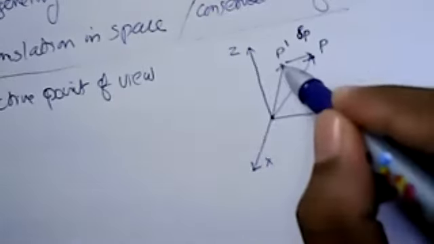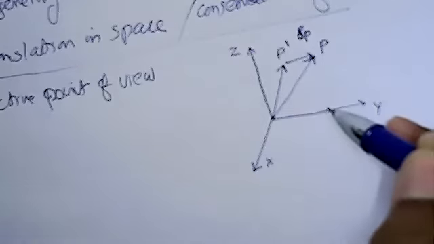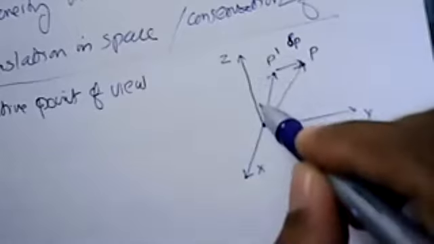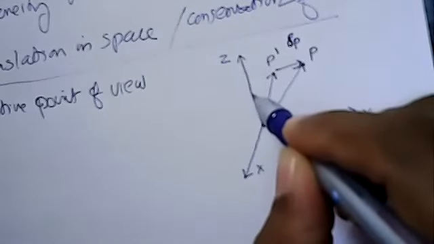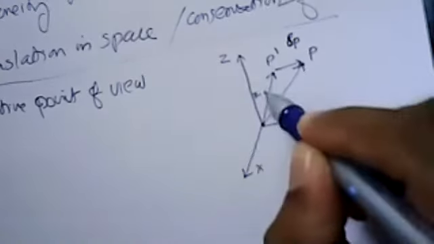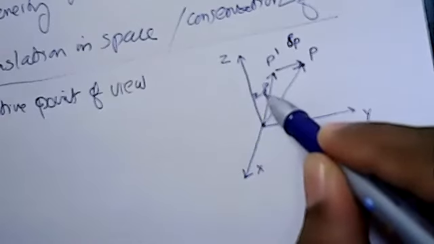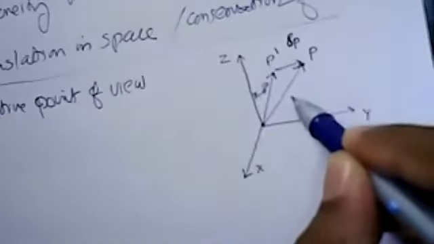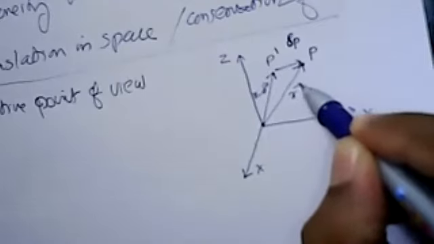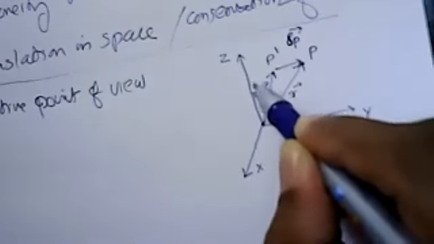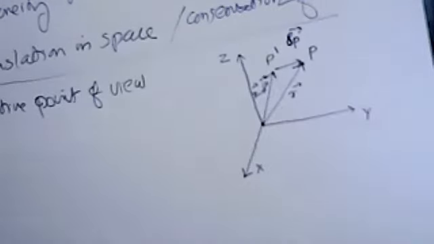So when you add this vector with this vector, you get the final vector. Simple vector addition. So you can call this vector r minus delta rho. When you add r minus delta rho with delta rho, you get r. So this is vector r, this is vector delta rho, and this is r minus delta rho. I think it is clear. Or I can draw a bigger figure.